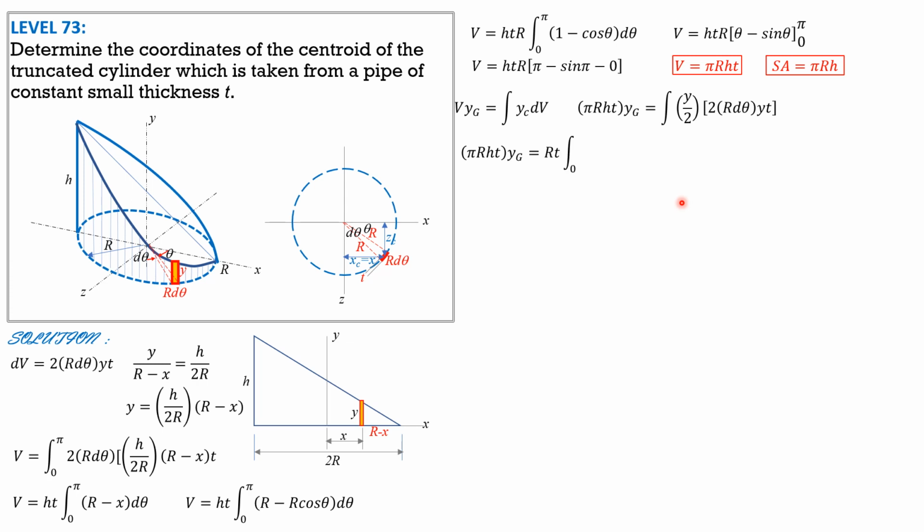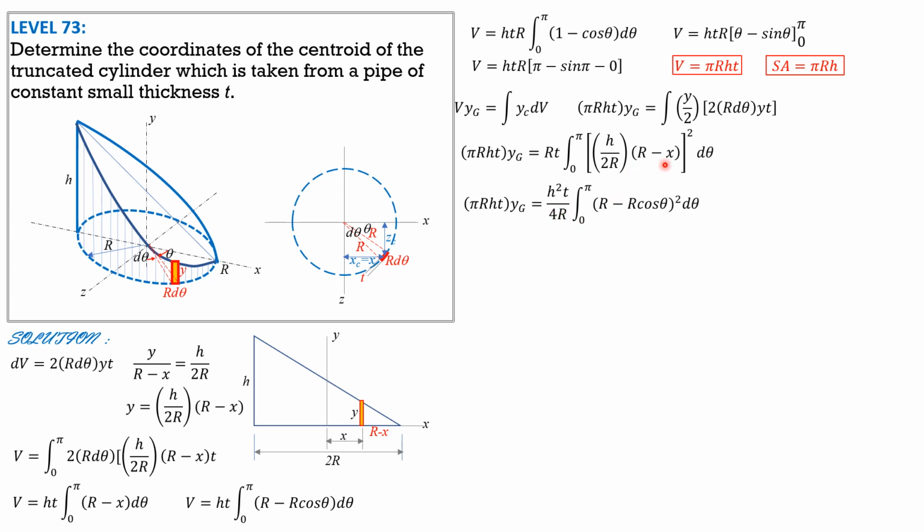Simplifying, pi rht y_g equals rt integral of y squared, so h over 2r, quantity r minus x, quantity squared d theta. Expanding, pi rht y_g equals h squared t over 4r.